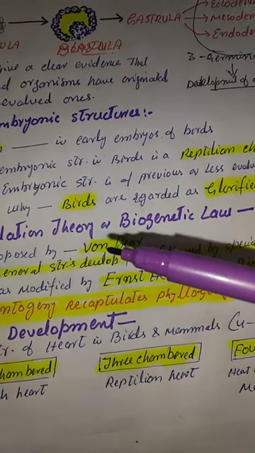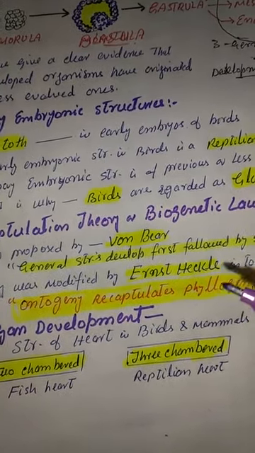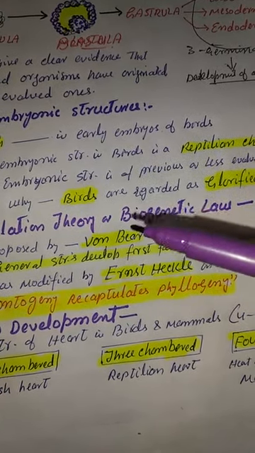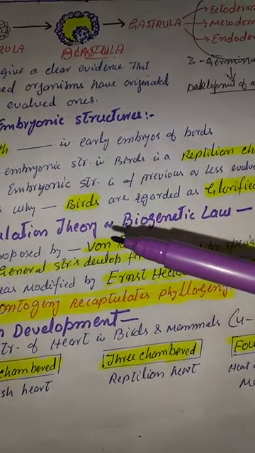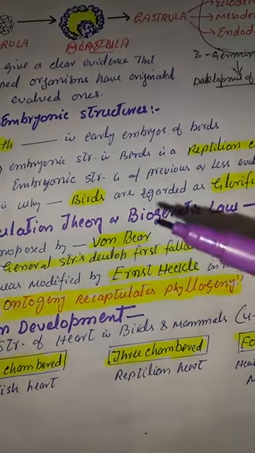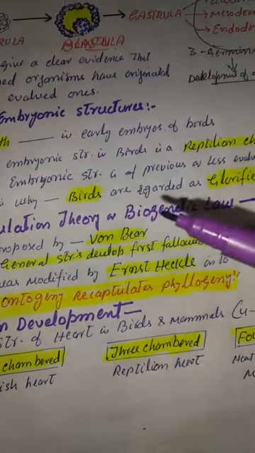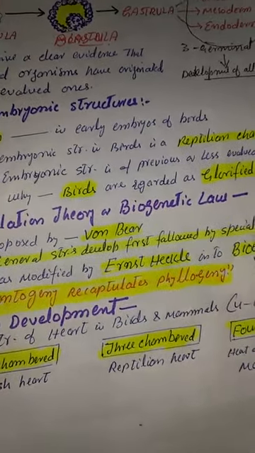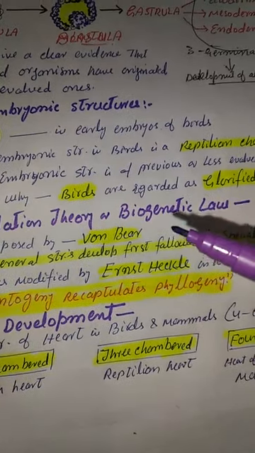That means when a mammalian embryo develops, it shows the ancestral characters like tail, gill slits, egg tooth, etc. And thus, recapitulation theory is a strong evidence in favor of evolution.